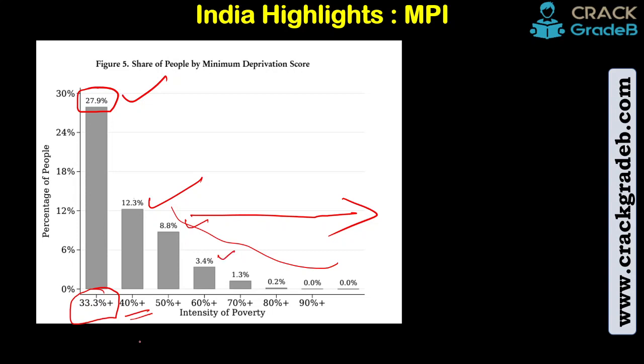Okay, and the intensity of poverty means they are deprived from those basic needs, right? See the 10 parameters, the 10 indicators that we have seen. So pause the video, look at this once or twice, try to remember some 2-3 bars, and that would be enough for your writing in the descriptive part, right?